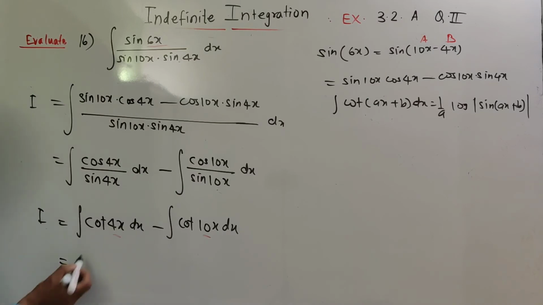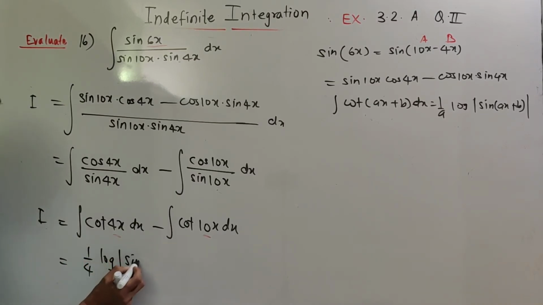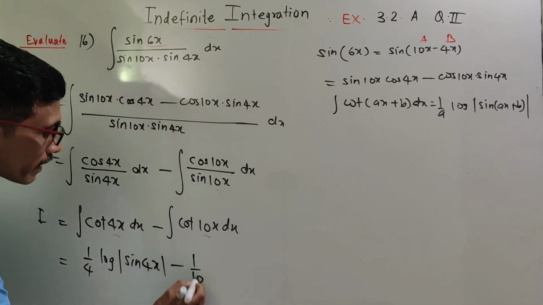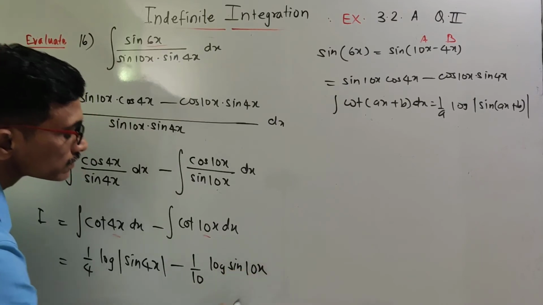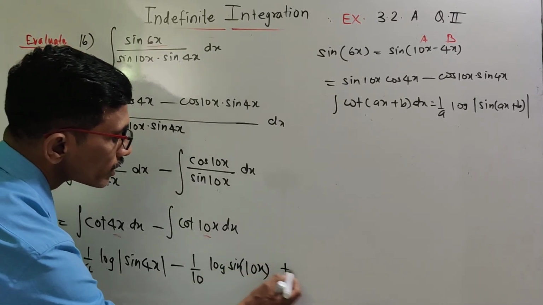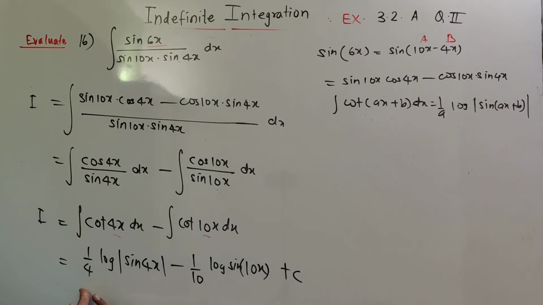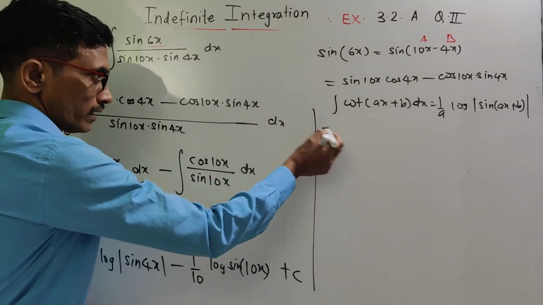So 1 by 4 log of sin of 4x minus 1 by 10 log of sin of 10x plus c. So from this 4 and 10 we can take LCM of the denominator and our integral I can be simplified.